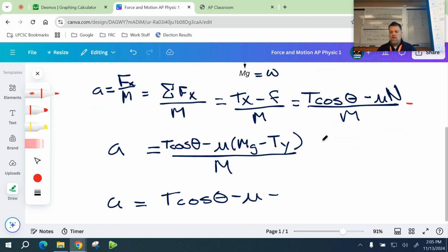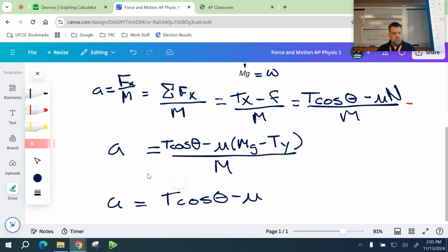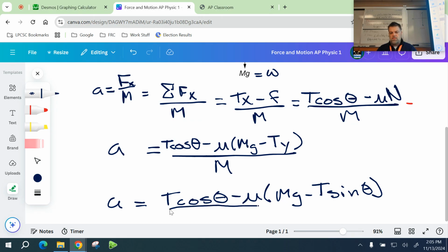Right? So way down here, I'm going to say mu times mg minus the tension sine of theta, all over the mass.